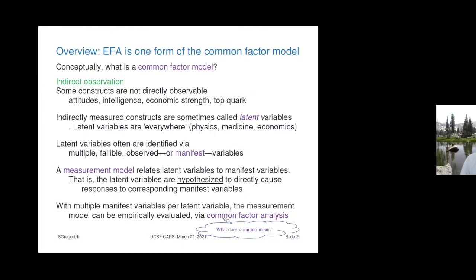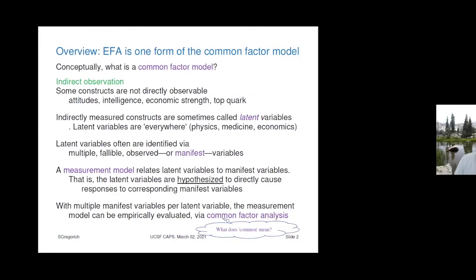You can see some kind of indirect offshoots of those kinds of traits, but they're not directly observable. And I like to point out that physics is full of indirect observation. And they don't use exploratory factor analysis because they have other means of indirect observation. But it's just part and parcel of science that not everything we're interested in can be directly viewed.